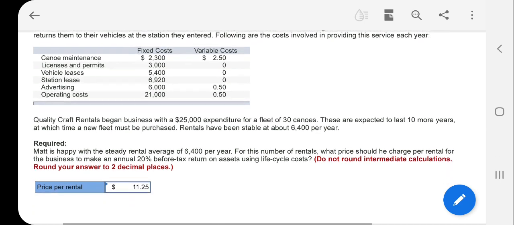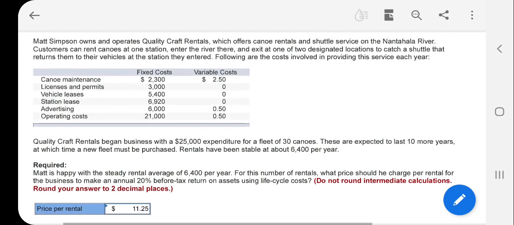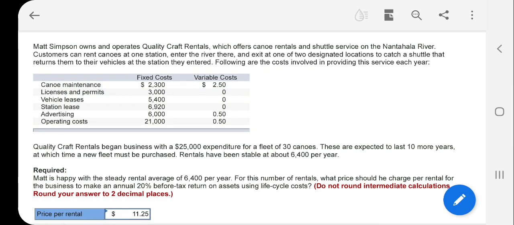Okay, Quality Craft Rentals began business with a 25,000 expenditure for a fleet of 30 canoes. Okay, this one is important. This business began its operation with a 25,000 expenditure. So it means that the owner of the business invested 25,000 to start the rental business of 30 canoes.